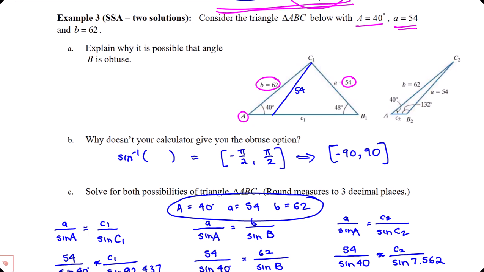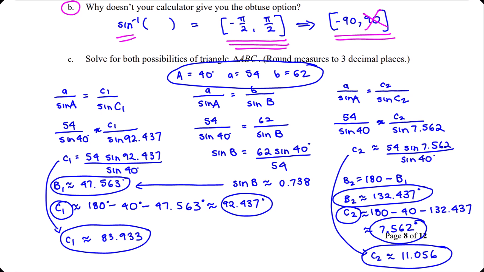And they're asking us, how come the calculator is never going to give us an obtuse option? Well, because inverse sine, remember, gives us angles between negative pi over 2 and pi over 2, which is between negative 90 and 90. Never larger than 90.